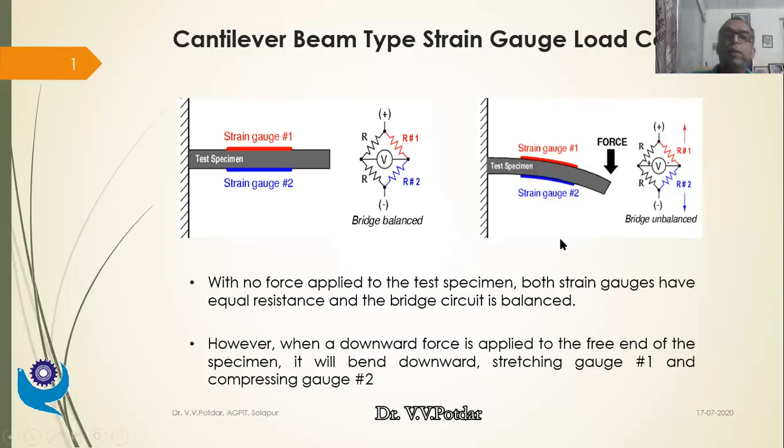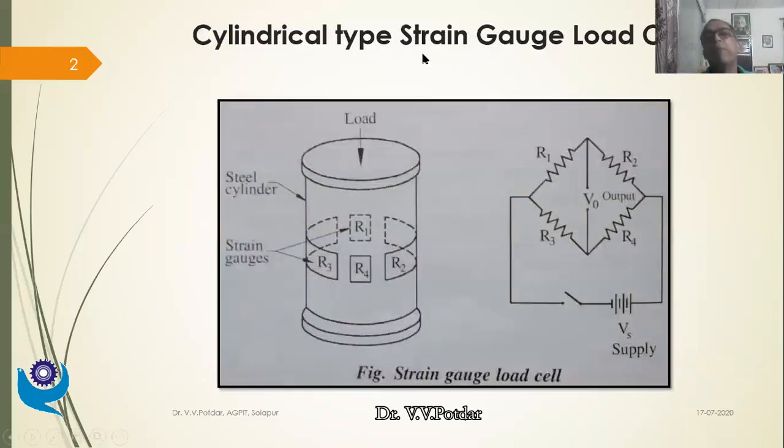Moving further, the second type of strain gauge load cell is the cylindrical specimen type strain gauge load cell. These are widely used. Whatever weighing platforms we see in jeweler shops, tea shops, grocery shops, small weighing platforms, you see the stainless steel plate, but beneath that I can have cylindrical columns.